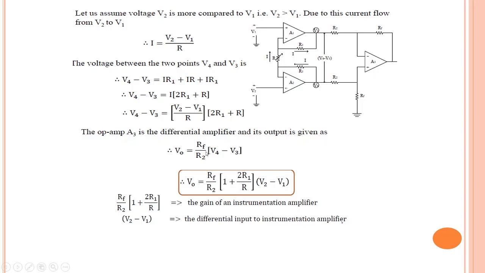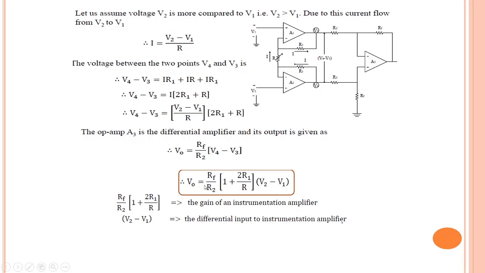Its output will be given by RF divided by R2 multiplied by the non-inverting input minus the inverting input, that is V4 minus V3. For V4 minus V3 we substitute the formula. So RF divided by R2 multiplied by (2R1 plus R), but this R will be dividing that term, hence we can write this as 1 plus 2R1 divided by R, multiplied by (V2 minus V1).